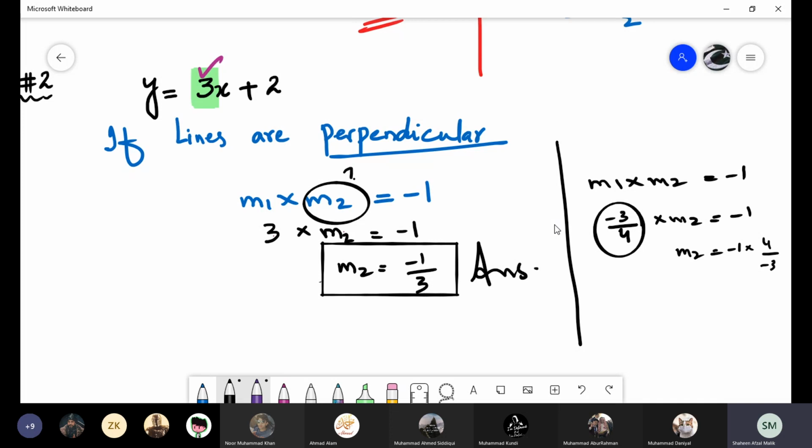Negative will be positive and the answer will be only 4 by 3. Is this your answer? Yes, ma'am. Okay. So can we move to question number 2?